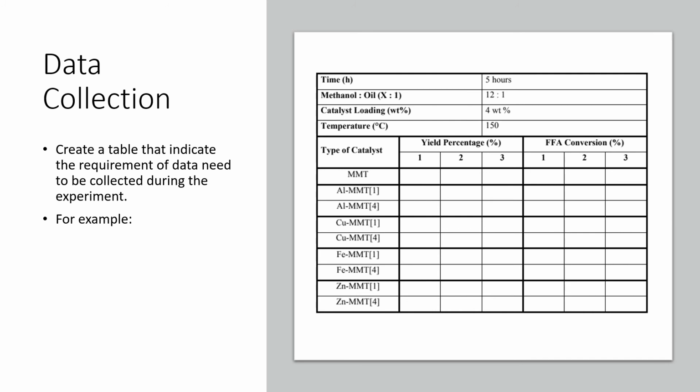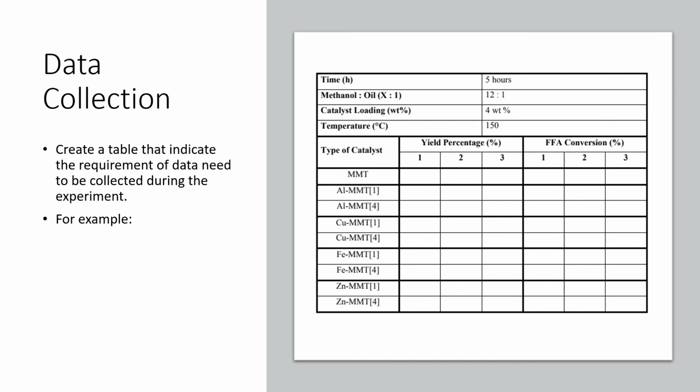For this condition, they need to know the yield percentage for aluminium punya catalyst, for cuprum punya catalyst, for ferrum punya catalyst and zinc punya catalyst. And they need also to know the free fatty acid conversion for the aluminium punya catalyst, cuprum punya catalyst, ferrum punya catalyst and zinc punya catalyst. So dia tabulate. Nanti dapat result tinggal fill in, isi je dalam table. Dapat result, isi dalam table.